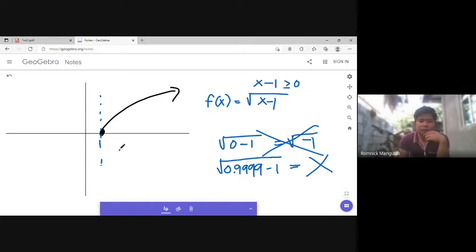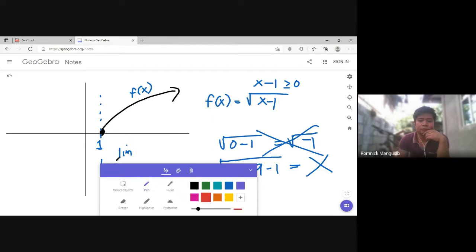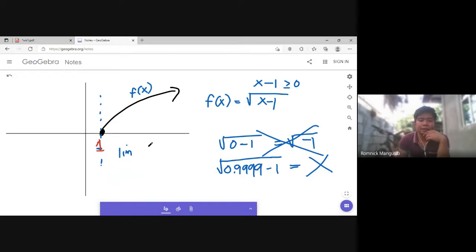So, pag tinanong ka, this is function f, what is the limit? This is 1. Kapag tinanong ka na ngayon dito, class, what is the limit of f of x as x approaches 1 from the left?